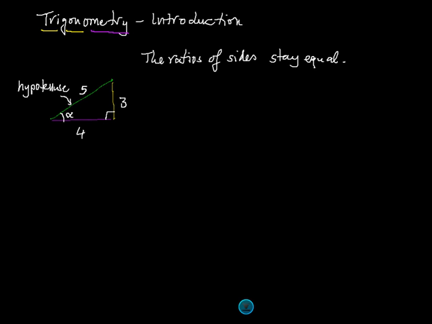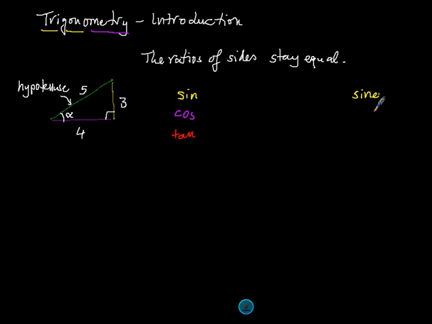Now, I'm going to start with giving you a little way to remember the key ratios we're going to look at today. We're going to have the sine ratio, we're going to have something called the cosine ratio, and we're going to have something called the tangent ratio. I'm going to write the full names here so you can see where they come from.